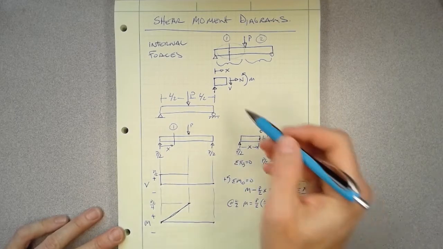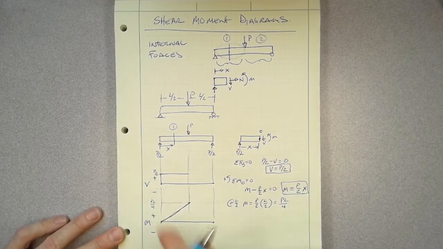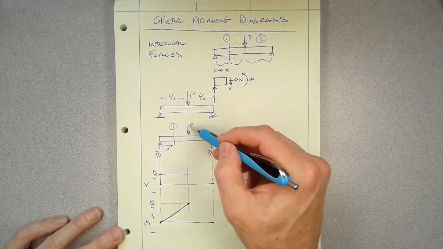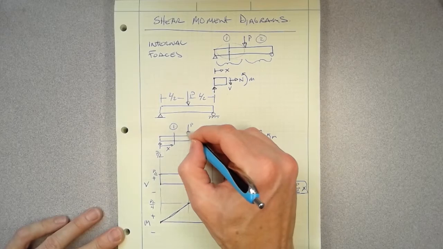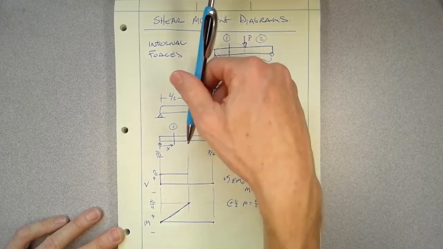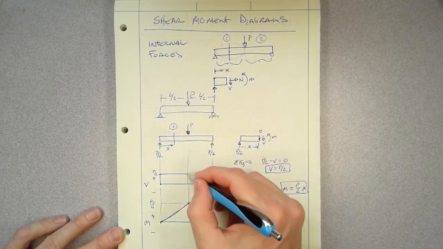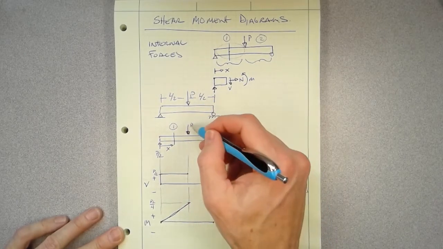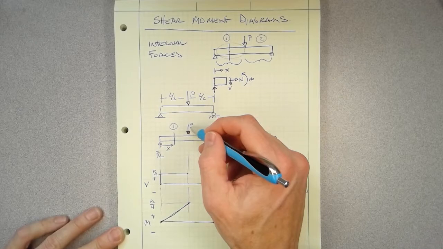Well, if we look here on our shear, one of the things that we need to take into account is that force P is creating a shear in there. And because this force is going downward, we're going to be going down a P value.